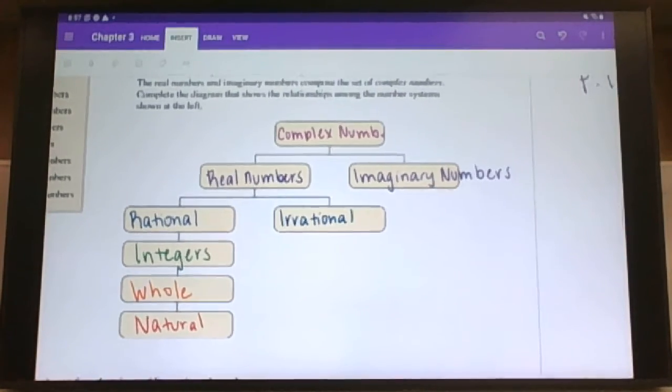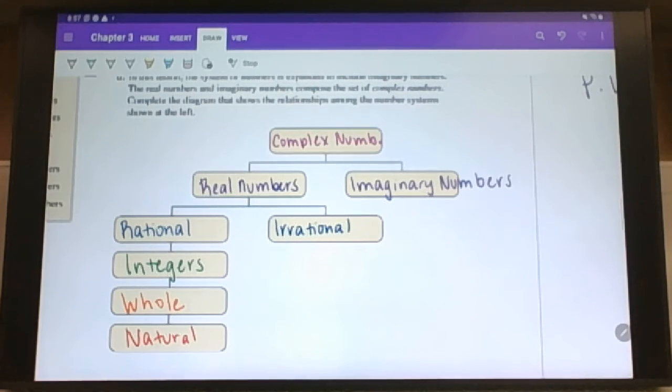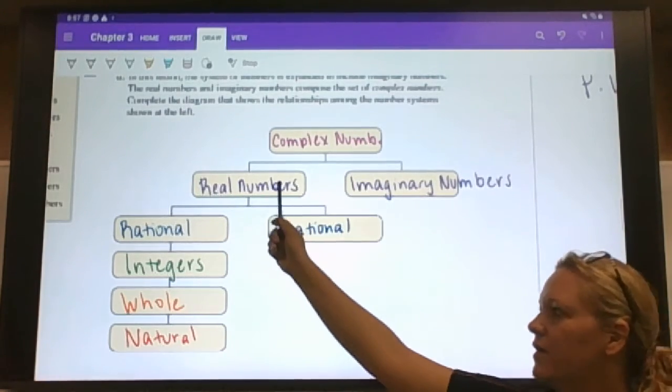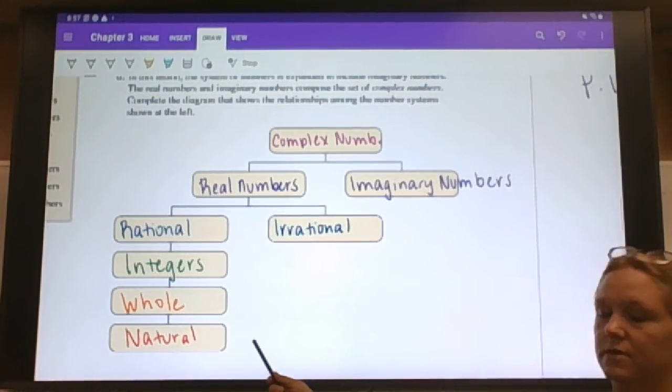So we've always told you that those aren't real numbers. So this isn't a test question or anything. This is just vocabulary. But we call all numbers complex numbers. And then you have your real numbers that you guys have been working with up until Algebra 2.